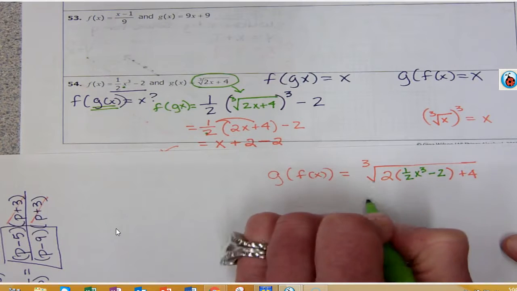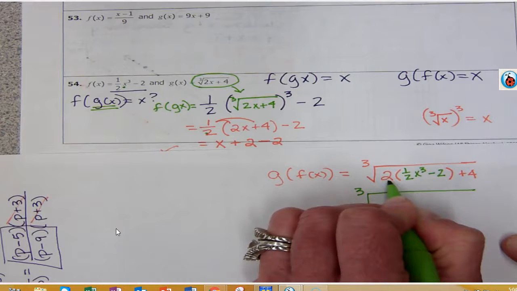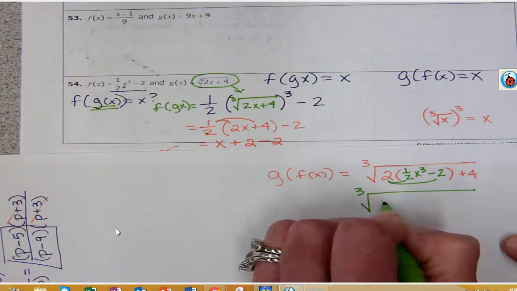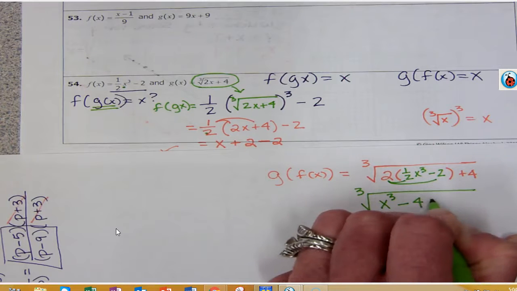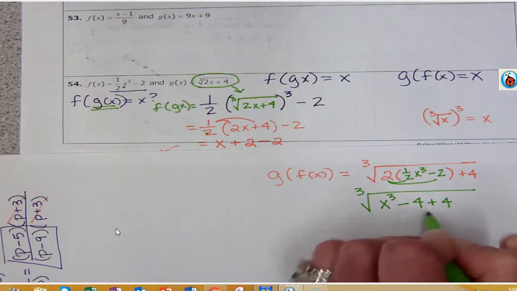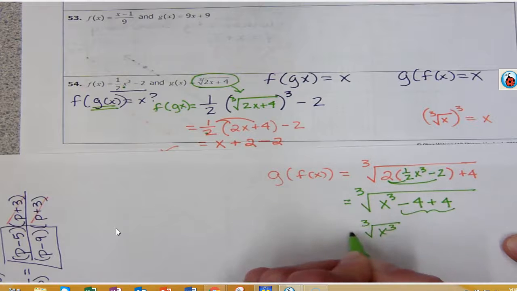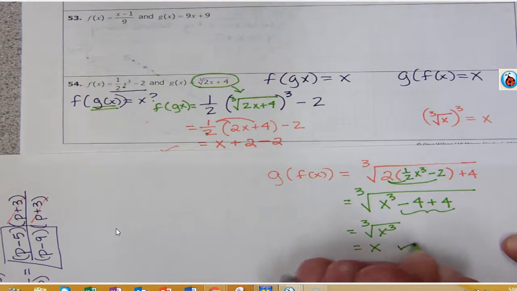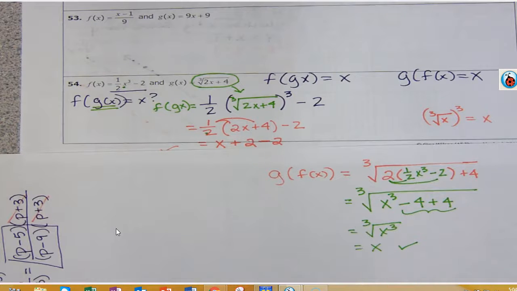So underneath here, if I distribute this 2 to both of these, I'm going to get the cube root of x to the third minus 4 plus 4. Then when I have combined these, I'm going to end up with the cube root of x to the third, and the cube root of x to the third equals x. So, yes, those would be inverses of each other.